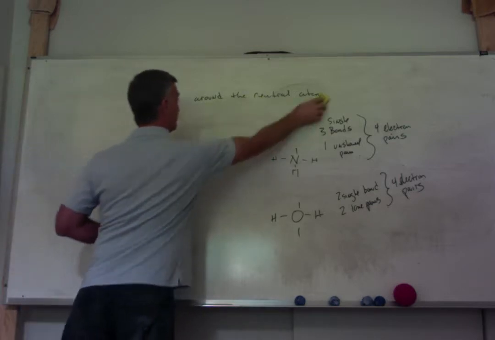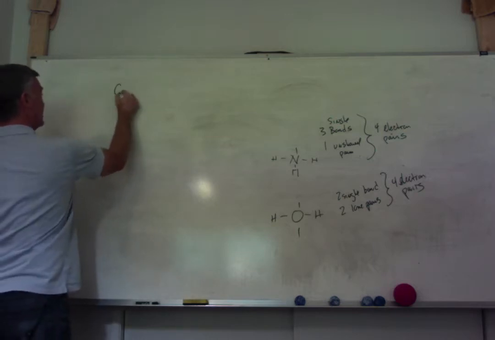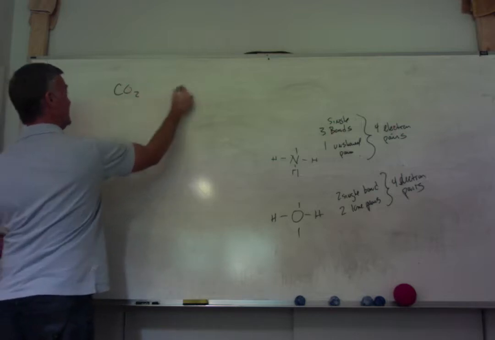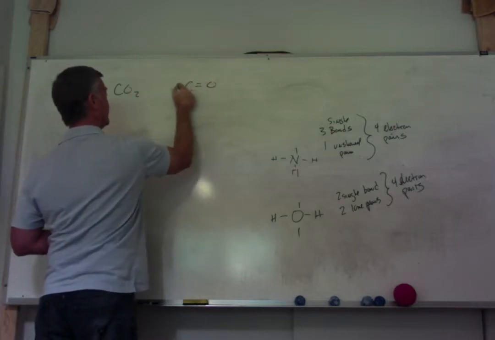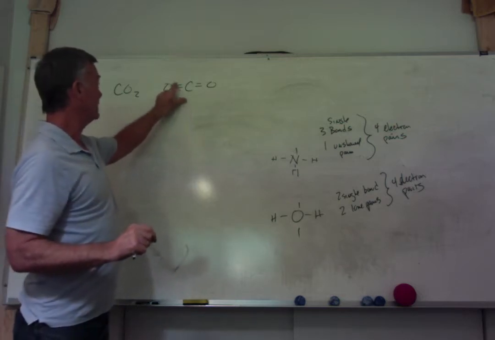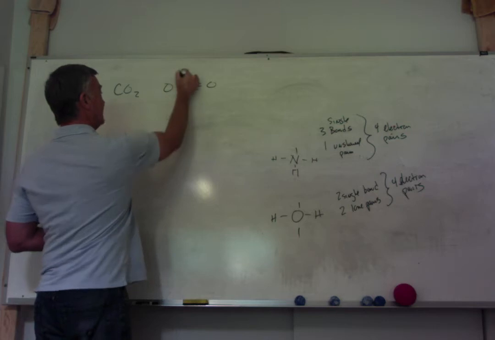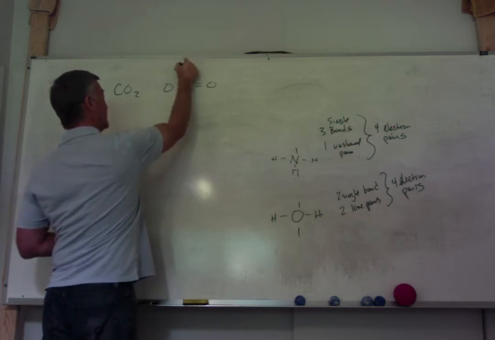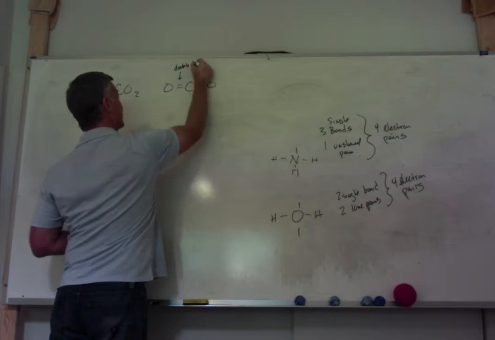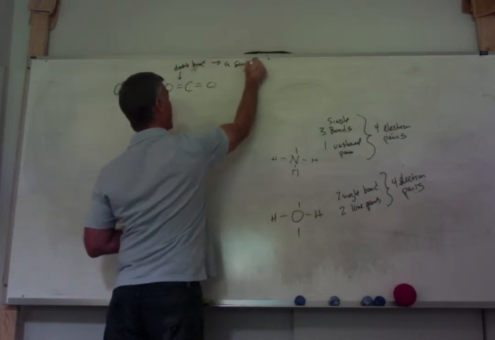You say, okay, that seems pretty straightforward, and it is, but now let me show you some that are a little bit more interesting, let's say. Let's say we had carbon dioxide. If you do carbon dioxide, this is what you'll get. Now, typically a student will say, well, there's 1, 2, 3, 4 pairs of electrons. But actually, this double pair, this double bond, is going to be treated as a single pair of electrons.